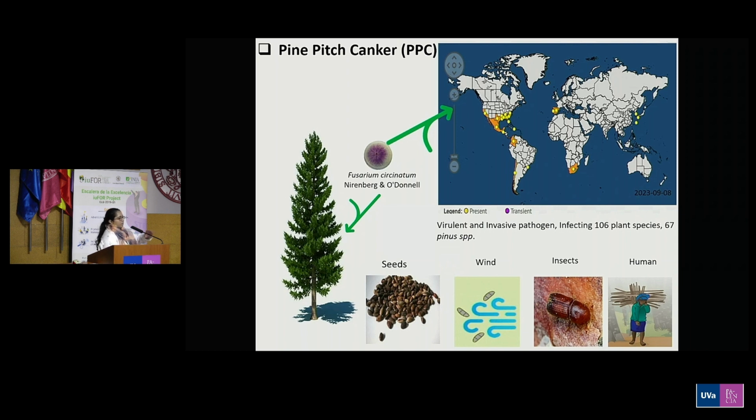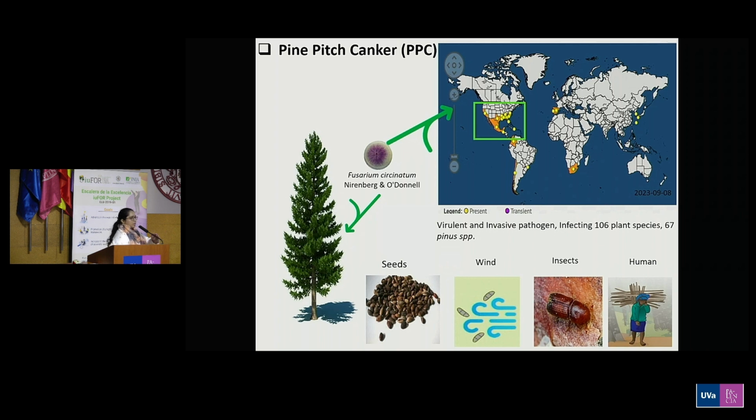It is not only affecting the pines, but more than 100 plant species, including some herbs and some grasses. Talking about its distribution, it originated from Mexico, and then it spread to some regions of the USA.